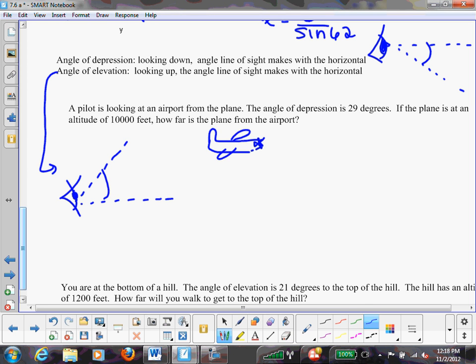And he is looking at his little airport. There's my airport. Okay? So here is his angle of sight. Wouldn't you agree? That's his angle of sight. His angle of sight is what you do when you always look straight out.